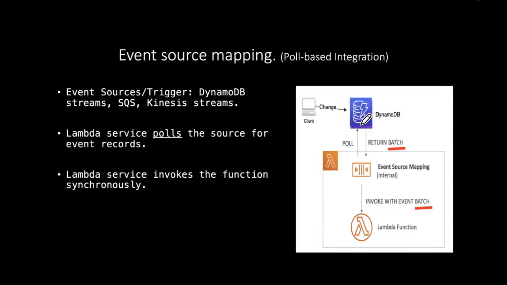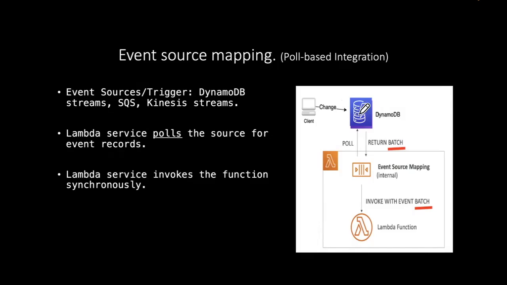State change being a new record has been added, record deleted, record updated, that kind of idea. So some external application will write to the database or cause a state change. In fact, this could actually be a Lambda, but it doesn't really matter. Something anyway causes a state change in DynamoDB.